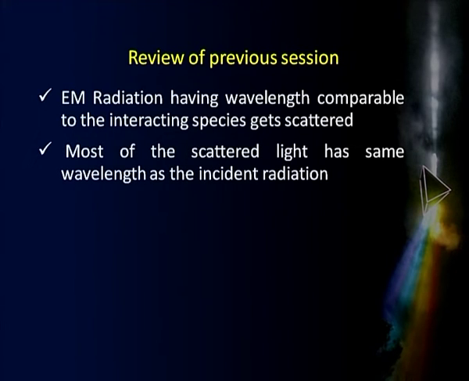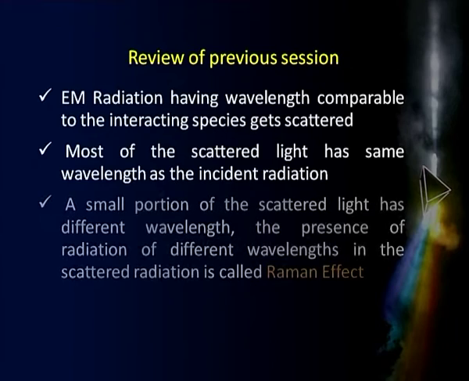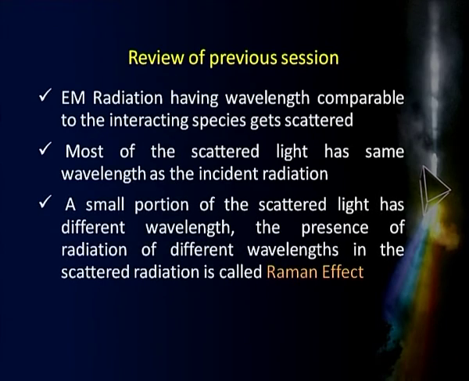Most of the scattered light we observe has a wavelength similar to the incident radiation. That means there is no difference in the wavelength of the radiation coming out as scattered light. However, a small portion of the scattered light has a different wavelength. The presence of radiation of different wavelength in the scattered light is called the Raman effect. So that is a very significant thing we learnt in the previous session, that is, what the Raman effect is.